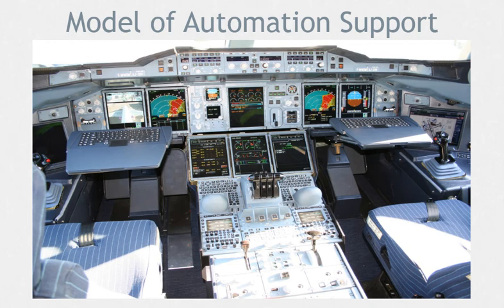Note that importance always supersedes frequency, so critical controls must be in the primary reach area. We also follow the functional grouping principle, grouping related components together according to their function. After this, we follow the sequence of use principle, so that components are arranged in the order that they're used.